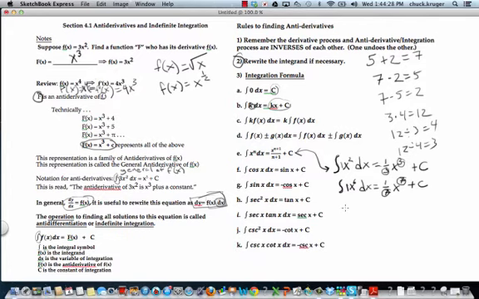So if I have something like, let's change it up a bit, 5 x to the 11th dx, I'm going to have 5 x to the 12th, but don't forget your plus c. If I take 12 times 5, I get 60, and I need 5.